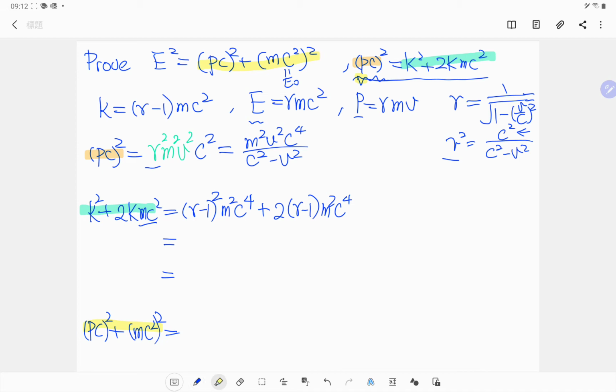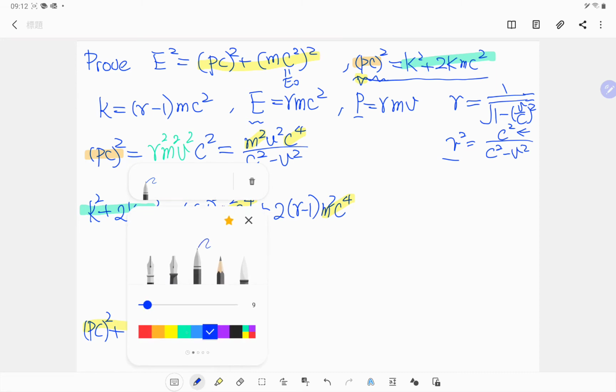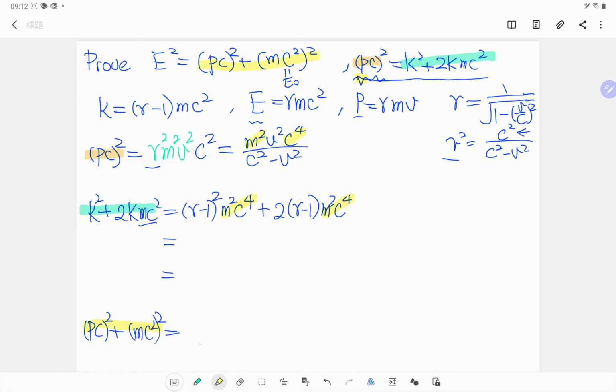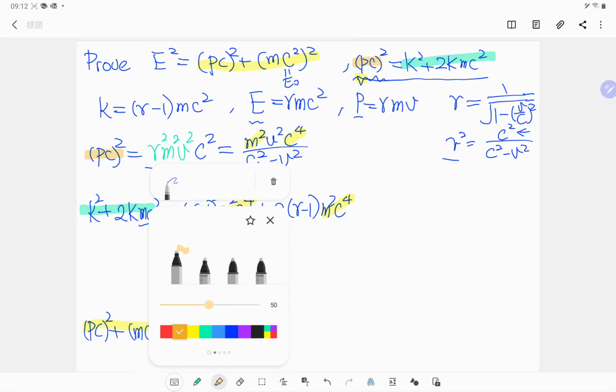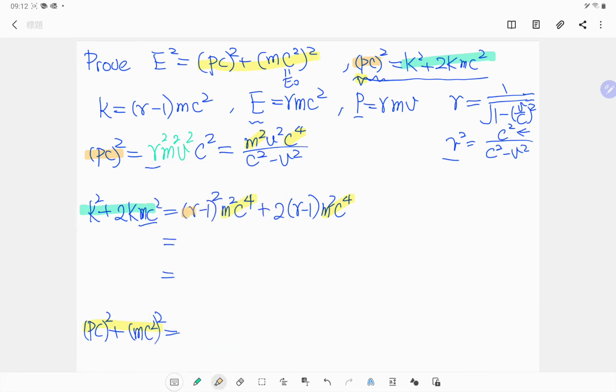So the only thing we need to prove is that this part plus this part is this part, right?